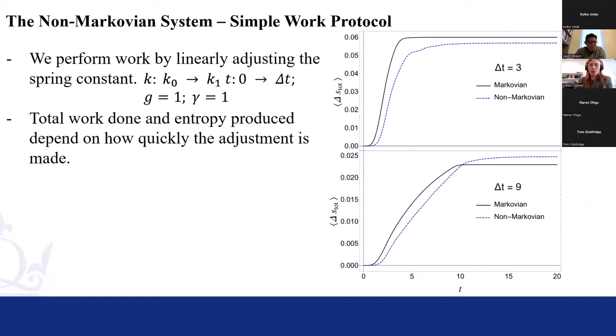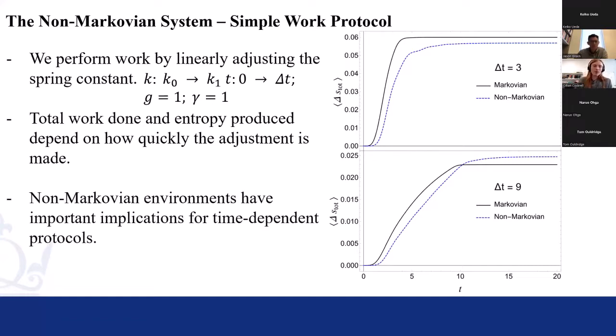And furthermore, you can produce either more or less entropy, corresponding to the amount of work that you have to do in order to perform this change, depending on the interaction between this delta t, the time period of your work, and the coupling constants of the auxiliary system, which corresponds to the time scale of the non-Markovian environment. So in other words, non-Markovian environments have their own timescales, of course, and that can have important effects for how you do work on the system.